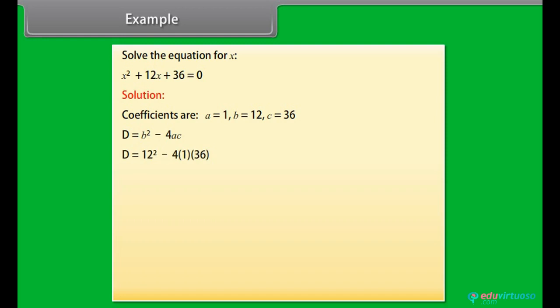D = 12² − 4 × 1 × 36 = 0. As D = 0, the root is x = −12/(2 × 1). Now solving, we get x = −6.